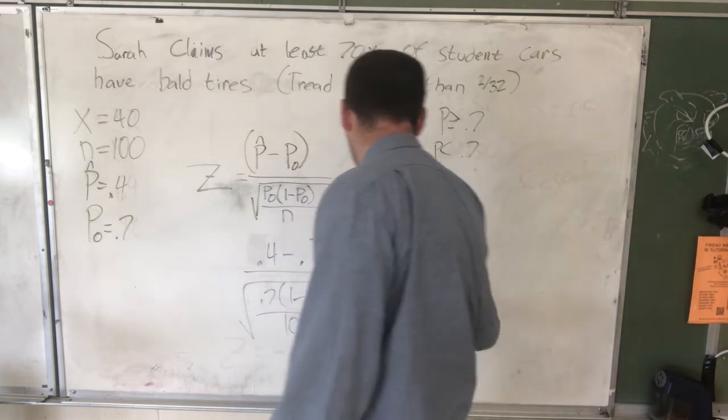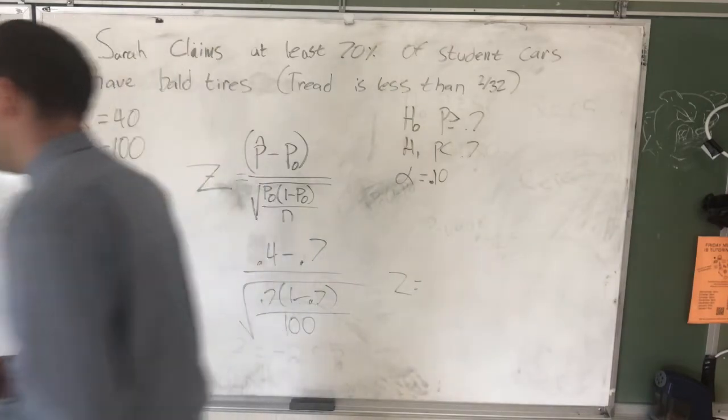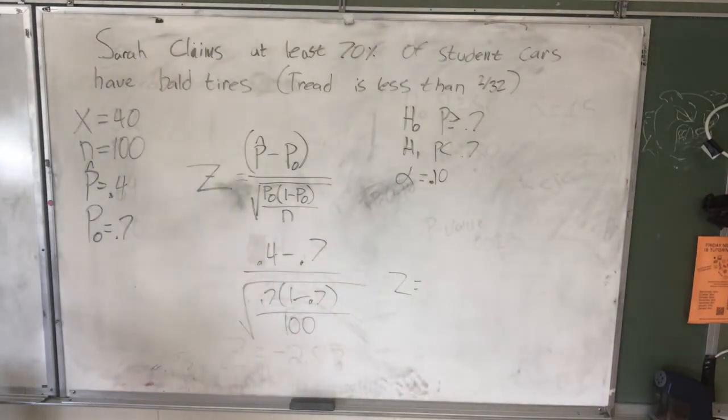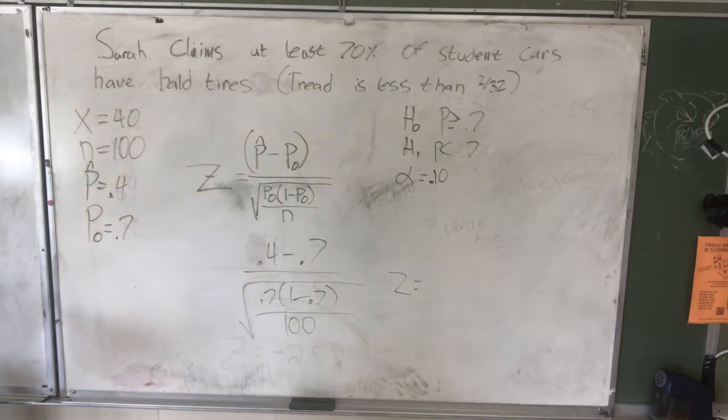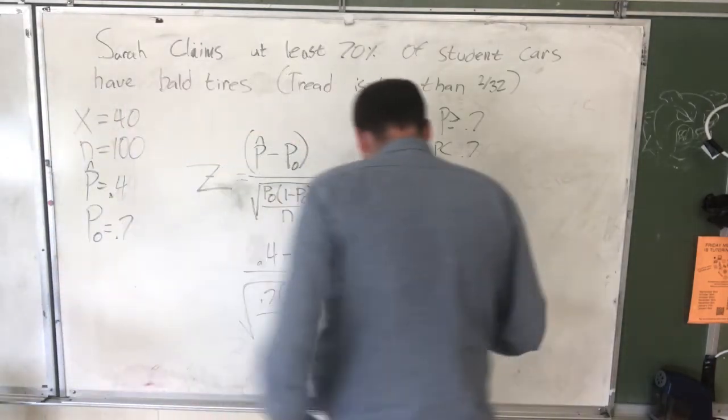Let's go through and figure out our z-score. We've got negative 0.3 divided by the square root of 0.7 times 0.3 divided by 100. So I'm getting a z-score of negative 6.5.